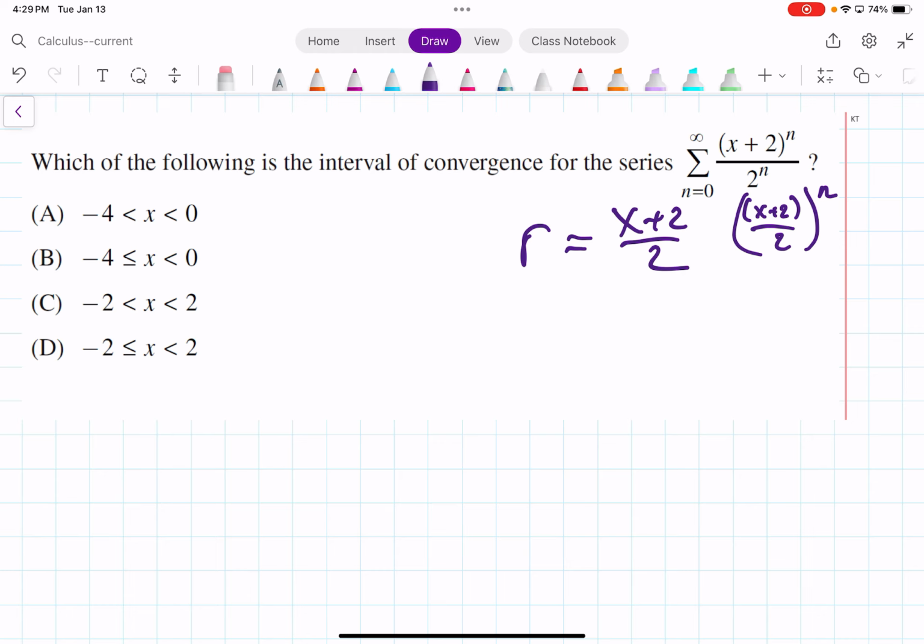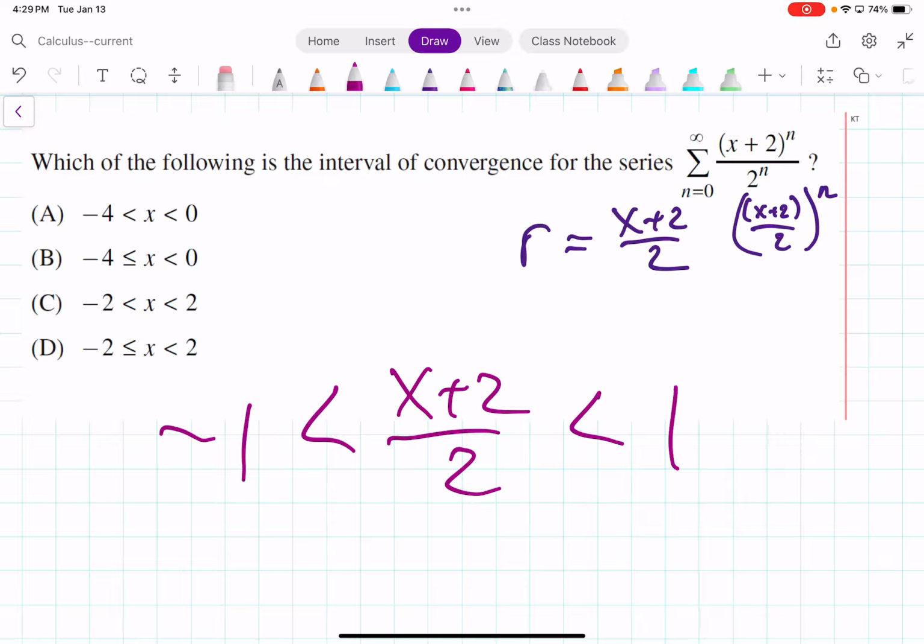And literally what they're asking is, can you figure out what x should be that would allow this to give a sum? Now, if we know this is geometric, r should be between 1 and -1. So what should x be between?